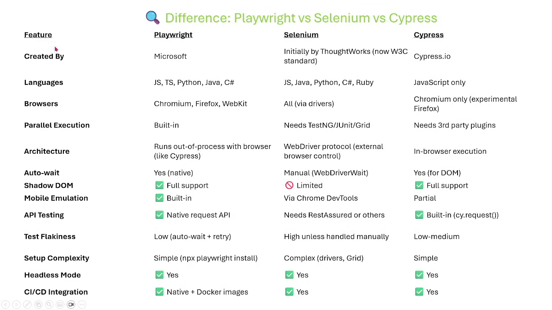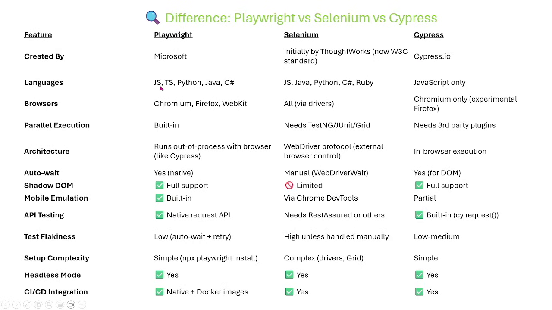Difference between Playwright, Selenium, and Cypress. We can see here the feature comparison: Playwright, Selenium, Cypress. Playwright is created by Microsoft, Selenium follows W3C standards, and Cypress.